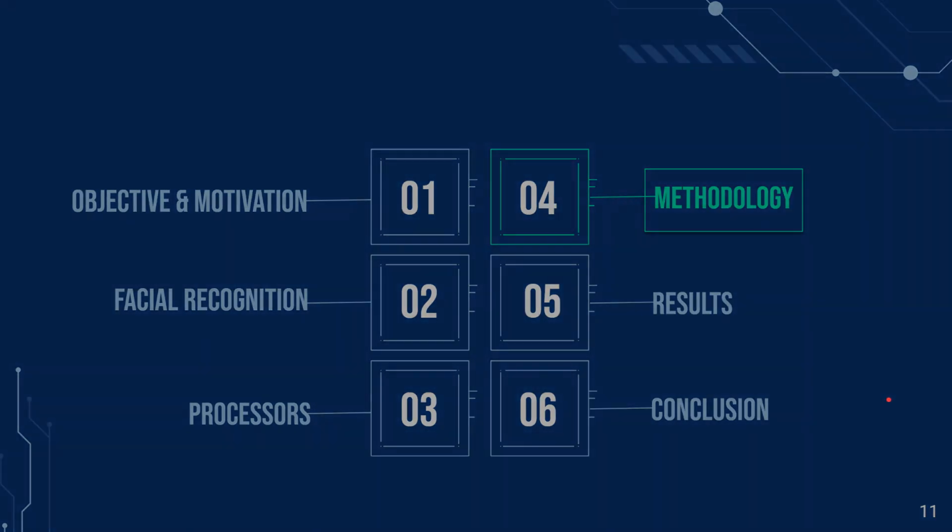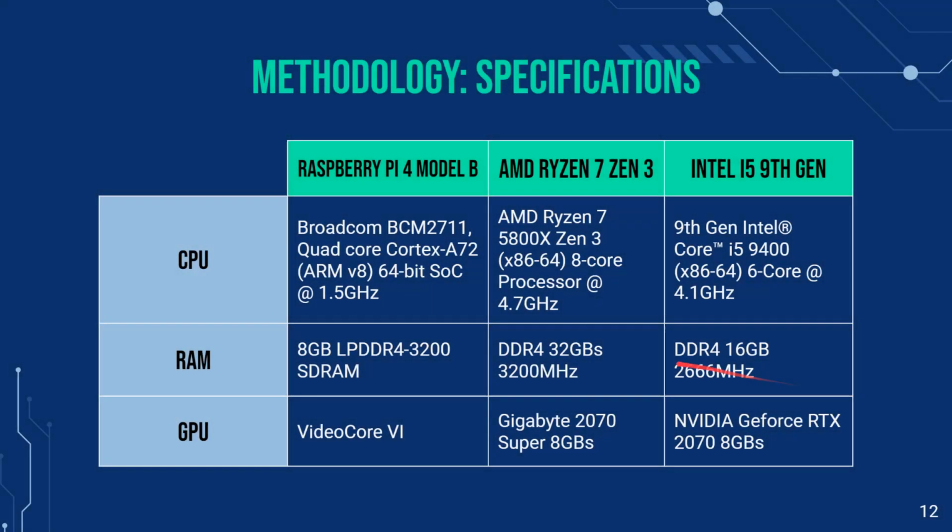Next, we'll talk a little bit about our methodology. For the specifications of each system, I'll start with the Raspberry Pi on the left side. The processor for the Raspberry Pi is a 4-core processor with a 1.5 gigahertz frequency, and for the RAM, it has 8 gigabytes allocated to it.